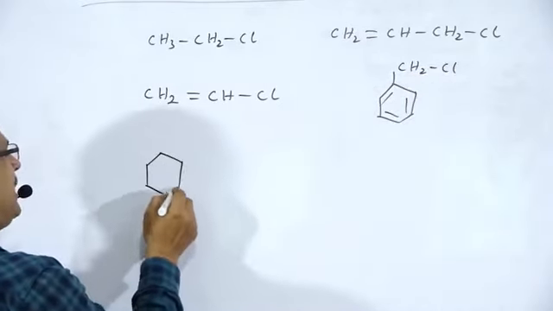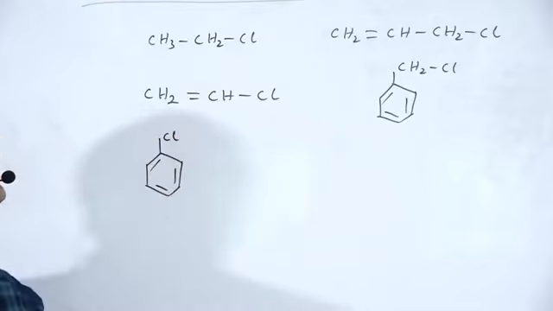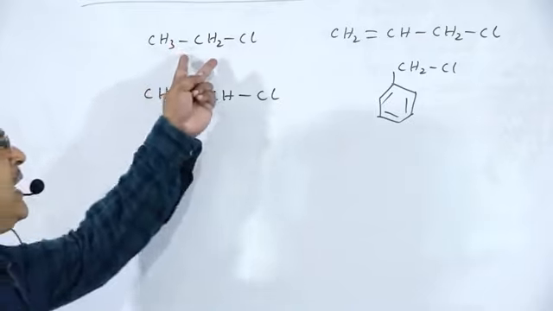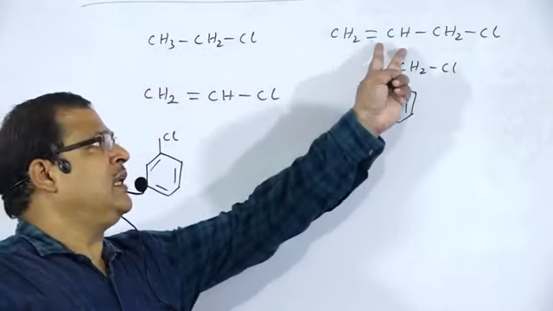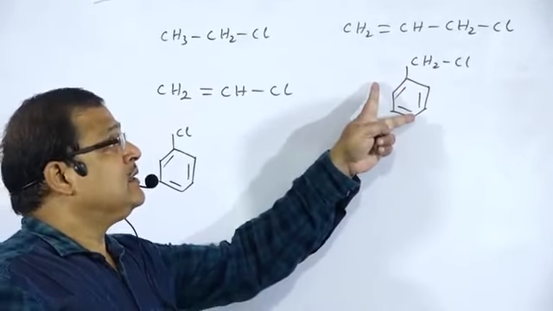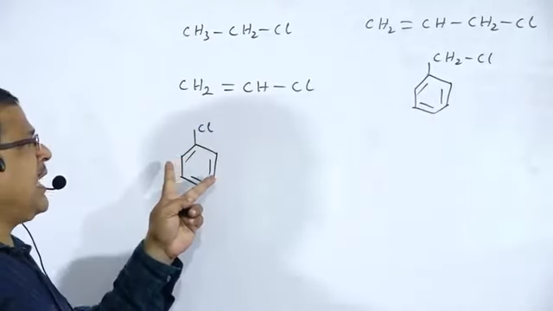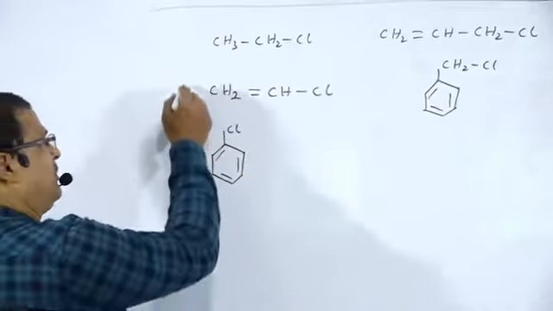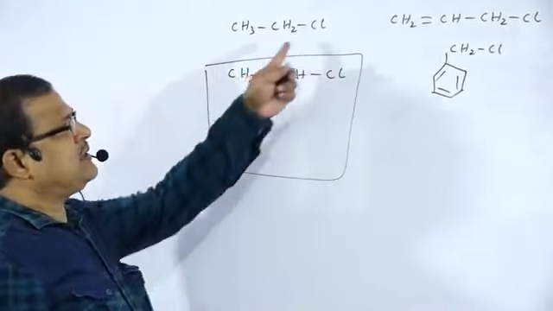Chlorobenzene is a benzene ring that contains chlorine. This is alkyl halide, allyl, vinyl, benzyl, and this is aryl. We have to divide these into 2 sets, one set and the other 3 as another set.